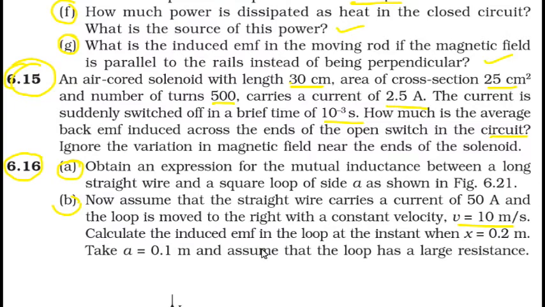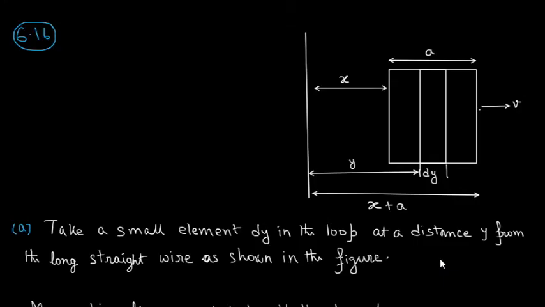Calculate the induced EMF at an instant when x is equal to 0.2 meter. Take A is equal to 0.1 meter and assume the loop has a large resistance. Let us see the solution to this problem. First of all, we have drawn the figure according to the question and put in the values.